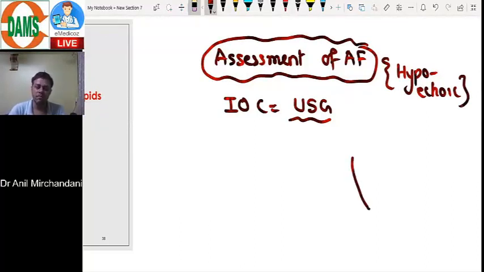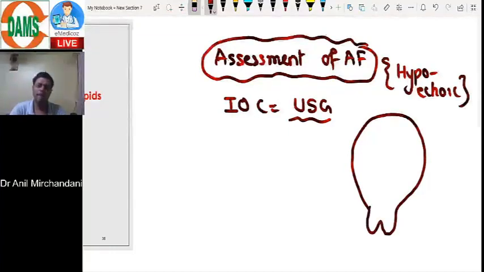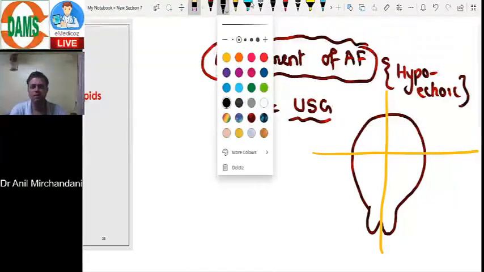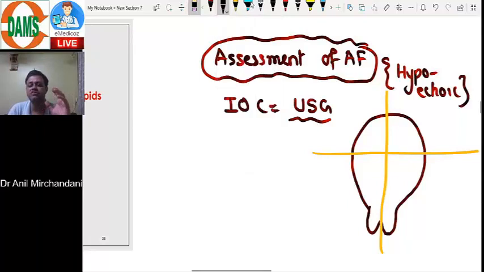So imagine this is a uterus. I will divide the uterus into 4 imaginary quadrants, and baby will be there in the uterus, floating in the amniotic fluid. I will measure the pockets of amniotic fluid in each quadrant.